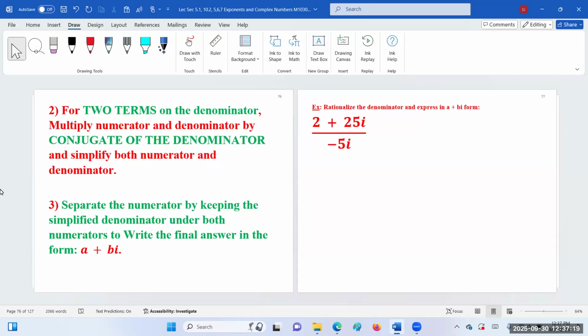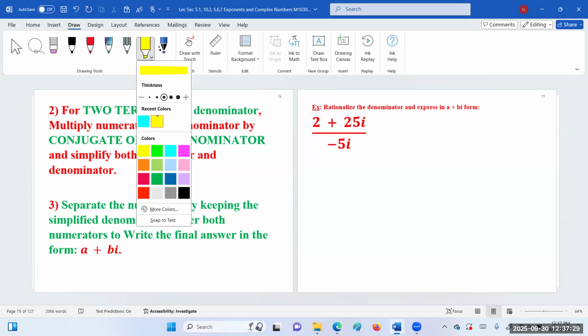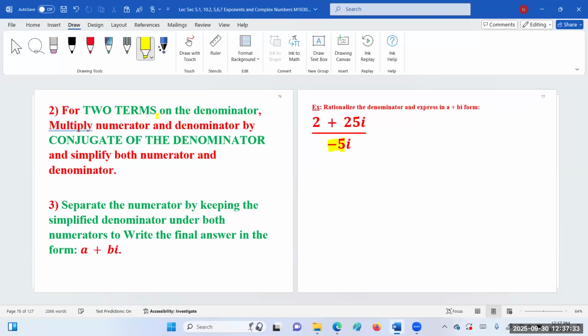How many terms do we have in the denominator? One term or two terms? One. Good. When you have one term, our life is easy. We look at what gives us a problem. Negative 5. Do you have any problem with negative 5? Is it real or imaginary? It's real.